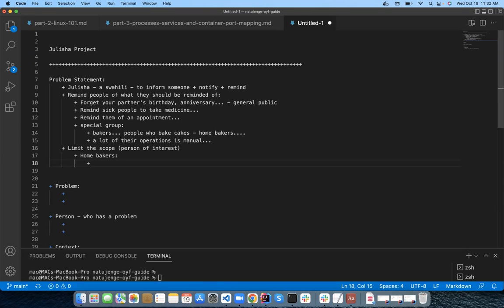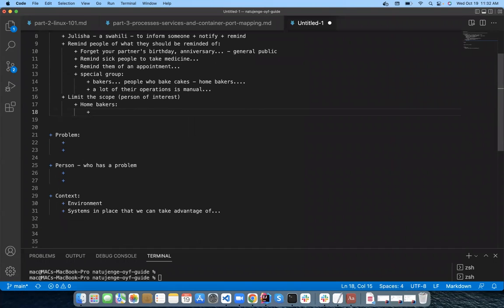So as a matter of fact, I had a call before I came here with a baker, and they shared what they think would help their lives, considering the current pains that they have. Now, let me say that the home bakers are essentially people who are, I would say, tech savvy.